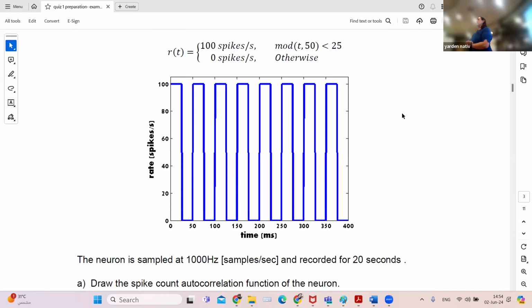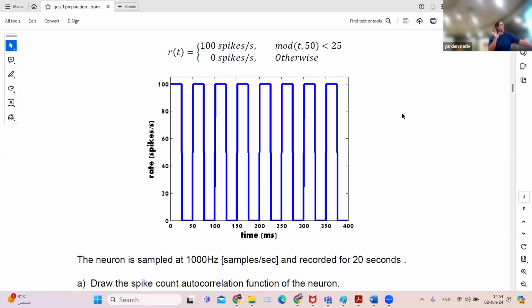Did you really have 25, 400 times? You have it 16 times in order to have 400. It's for 20 seconds, right? So in each second, I have 5 like this.